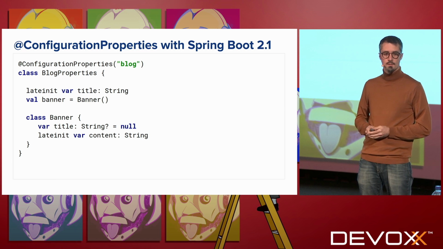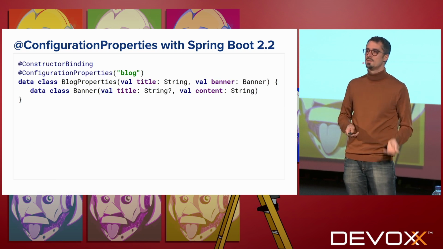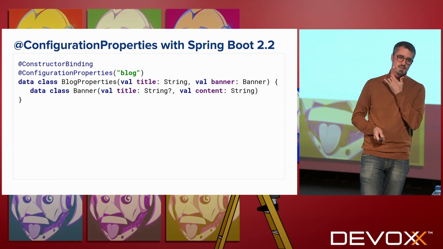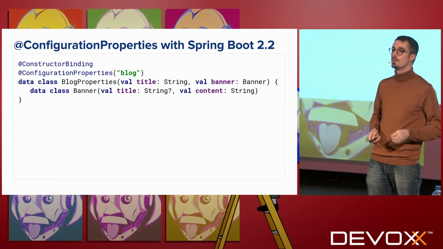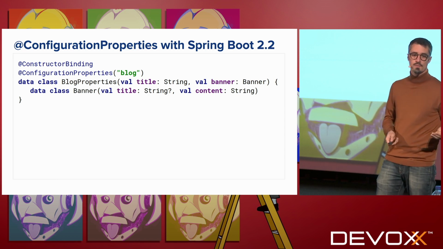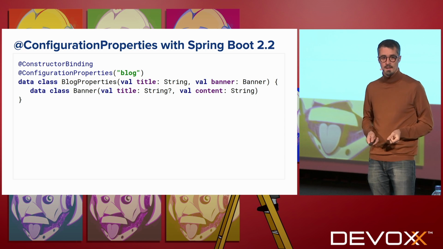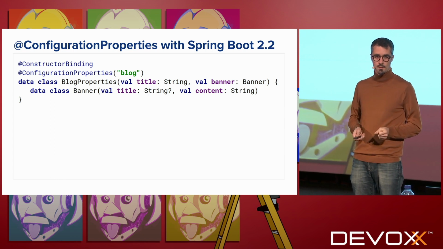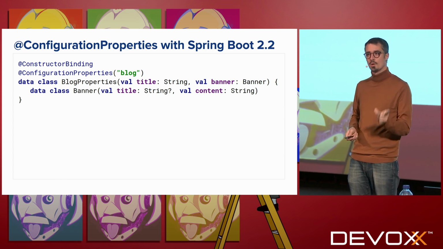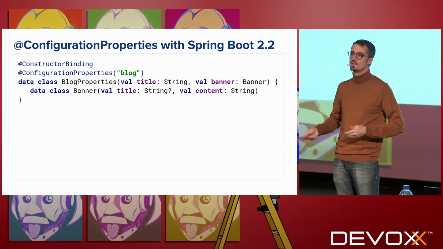So after talking a lot with the Spring Boot team, they provided this new feature in Spring Boot 2.2, which is also available in Java. So with Spring Boot 2.2, you can create immutable configuration property classes. And it supports data classes with immutable properties. You have to use this @ConstructorBinding for various technical reasons.